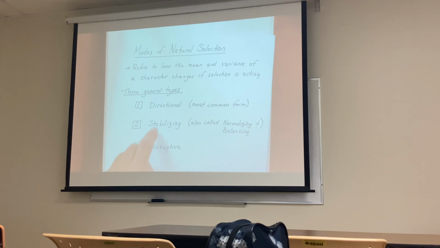Normalizing selection is the same thing. Balancing selection is the same thing. And then something called disruptive selection. Each of these, if acting on a population, will favor different individuals in the character distribution and then change the mean in subsequent generations and change the variance or not.